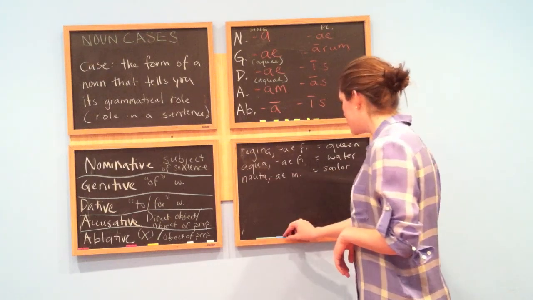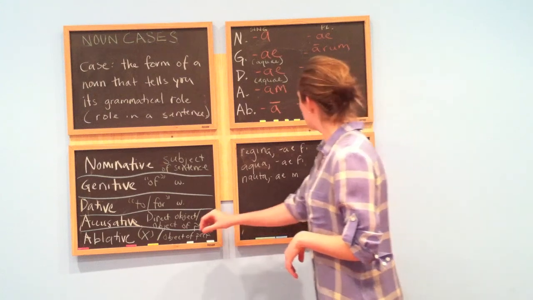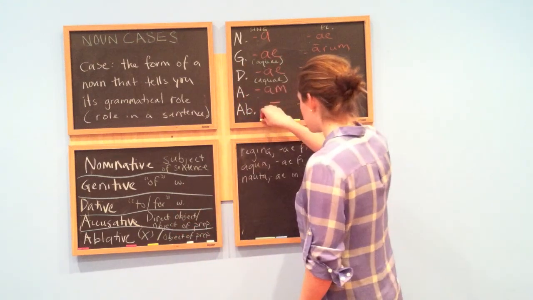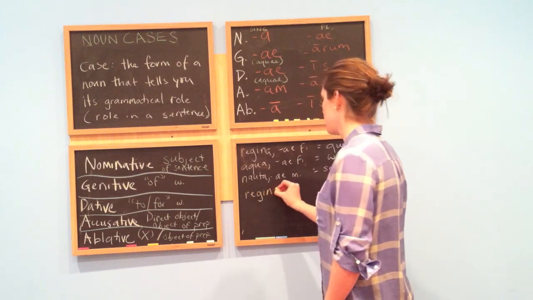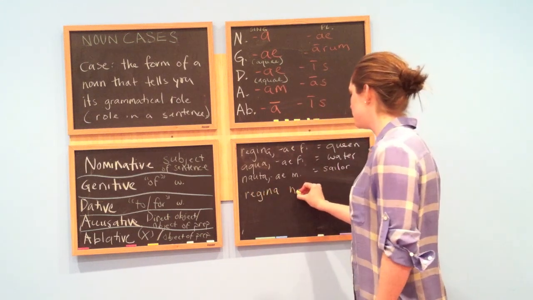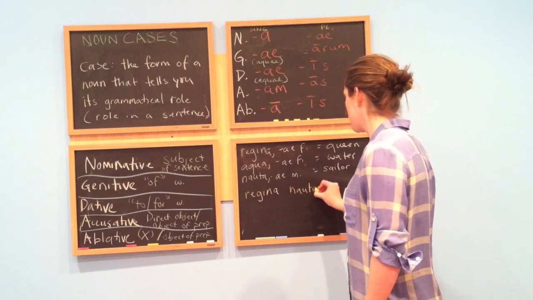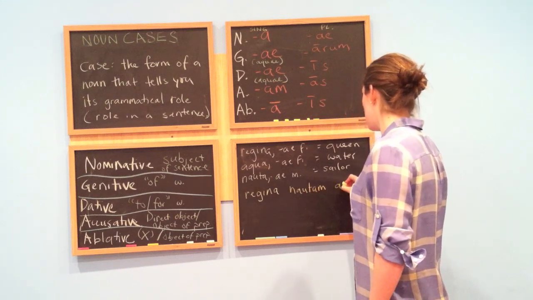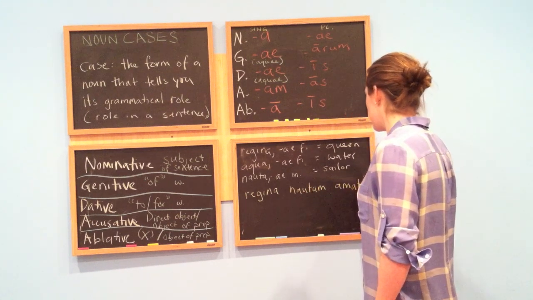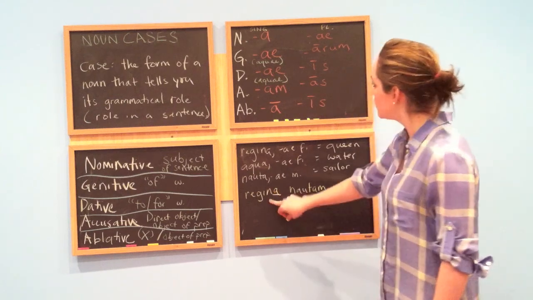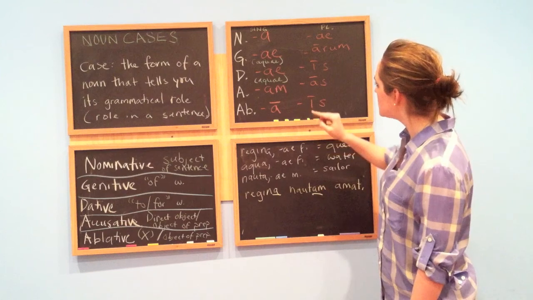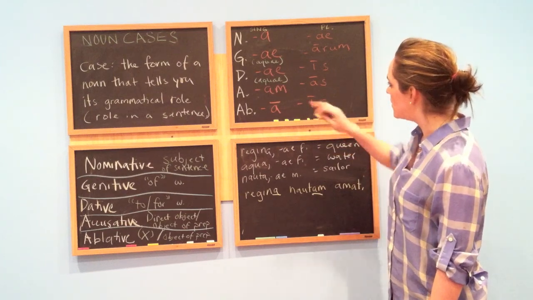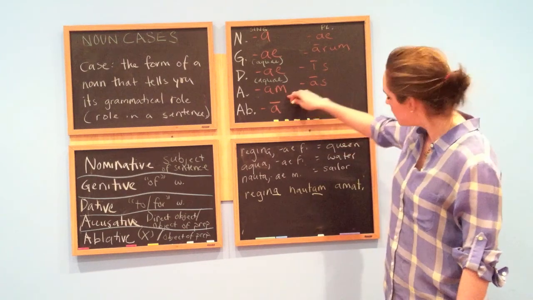So if I say, for example, Regina nautam amat, that A here tells you that Regina is nominative, and that AM here tells you that nautam is accusative.